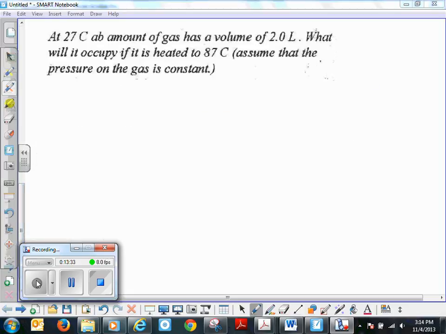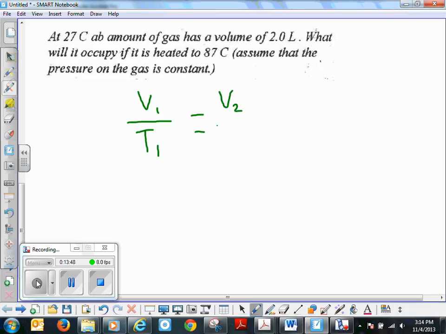Okay, so let's give Charles' law a try then. The math is just a little bit different, but here's your formula. V1 over T1, making sure T is in Kelvin, equals V2 over T2. Okay, so if you look at this, it says 27 degrees Celsius amount of gas has a volume of 2 liters.